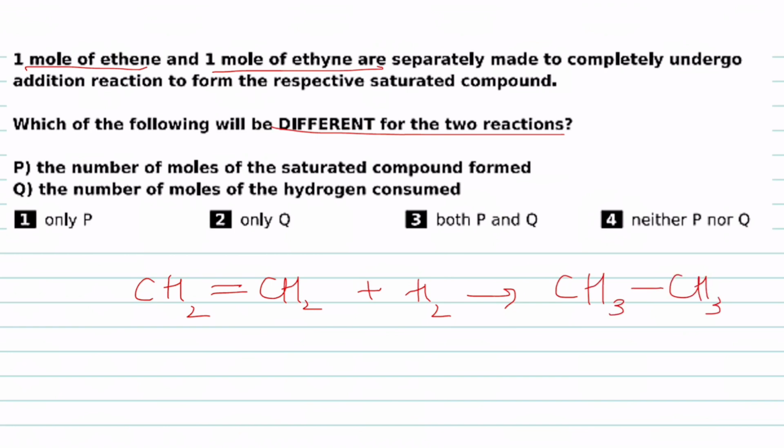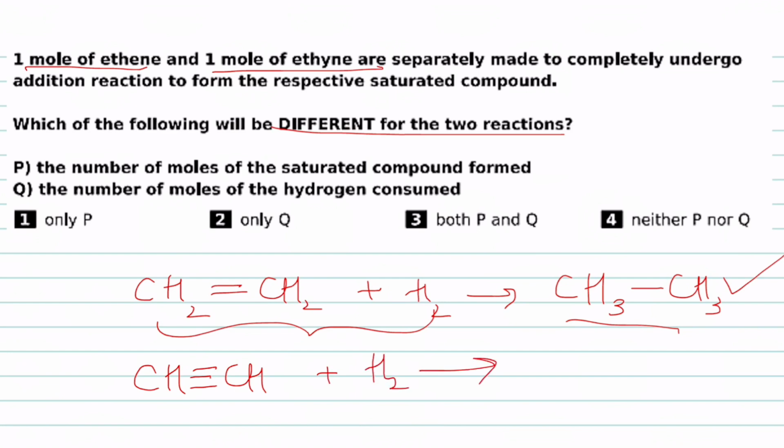Let us see if the reaction is balanced. 2 carbon this side, 2 carbon this side. 2 plus 2 plus 2, 6 hydrogen this side and 6 hydrogen this side. So this is balanced. Now let's make ethine react with hydrogen to produce ethane again. Is the reaction balanced? 2 carbon this side, 2 carbon this side, 4 hydrogen on the reactant side and 6 on the product side. So to balance it, we can put a 2 here. Now this is balanced.